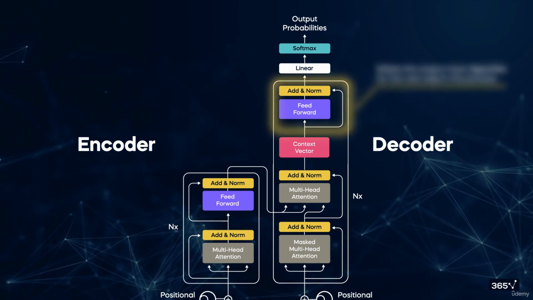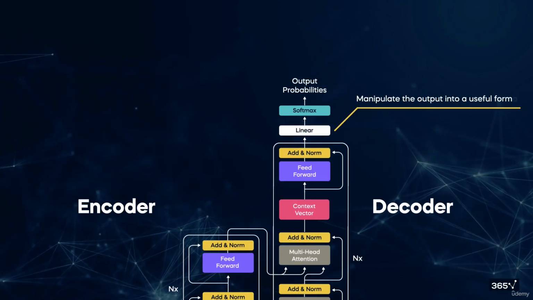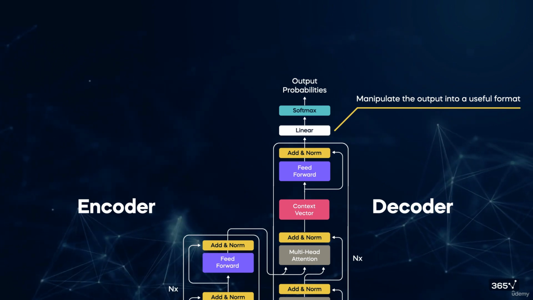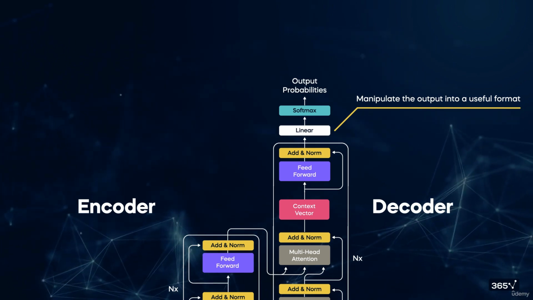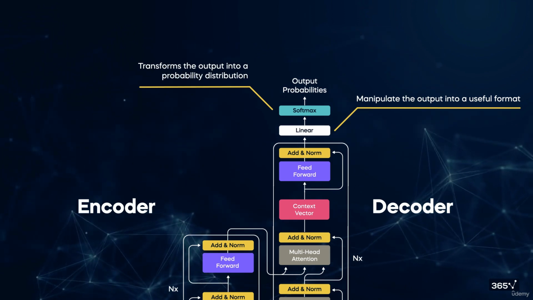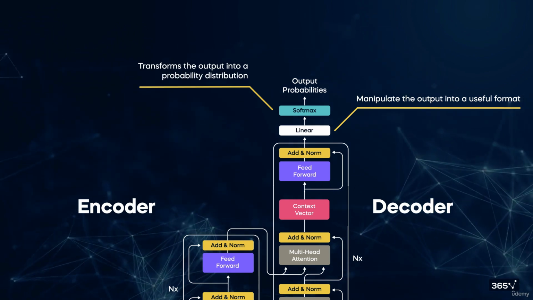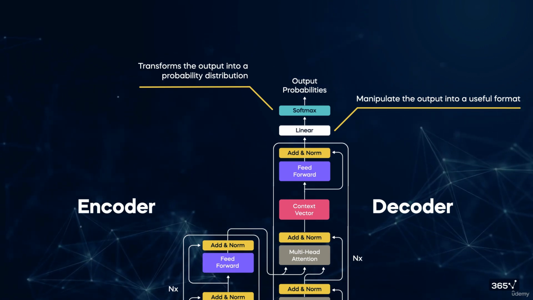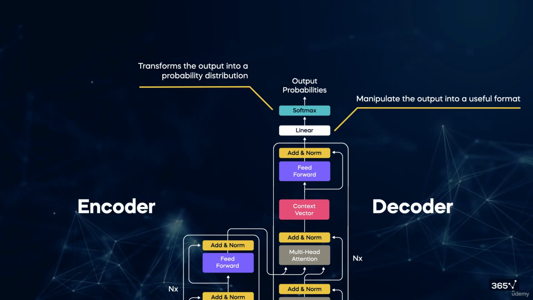The linear layer is another feed-forward neural network used again to manipulate the output into a useful format. And the softmax layer transforms the output into a probability distribution. This probability distribution is then used to predict the next word in the output sequence.